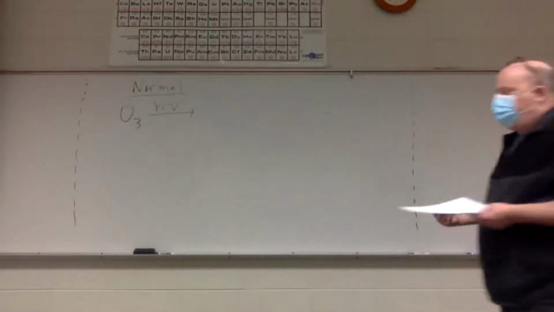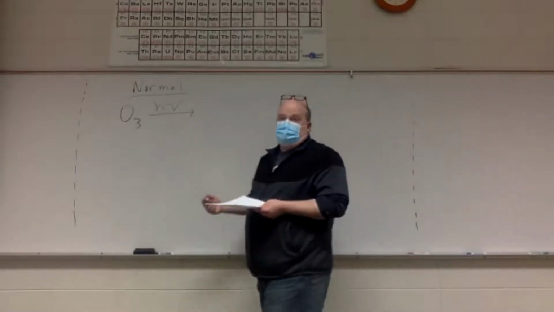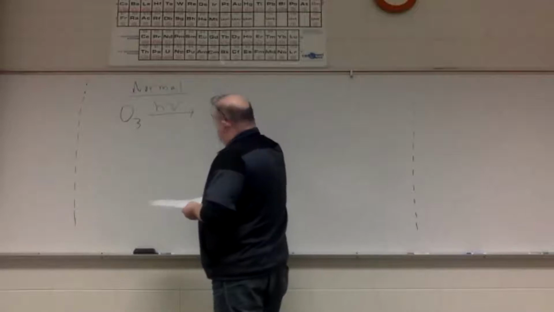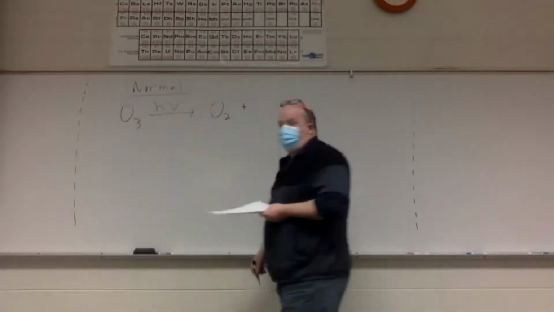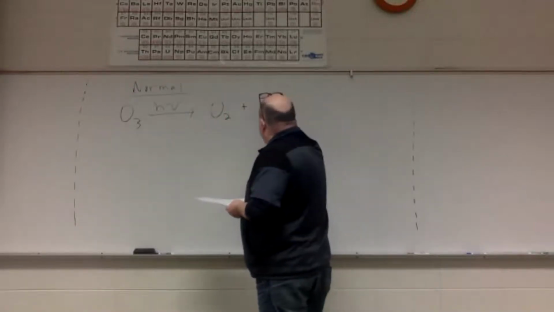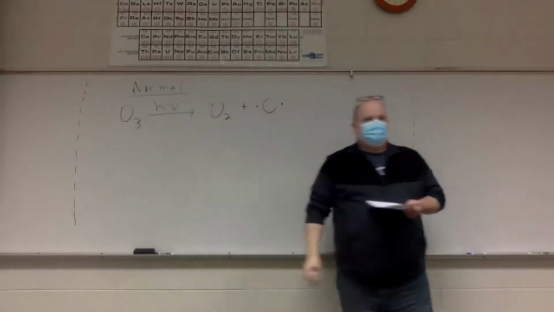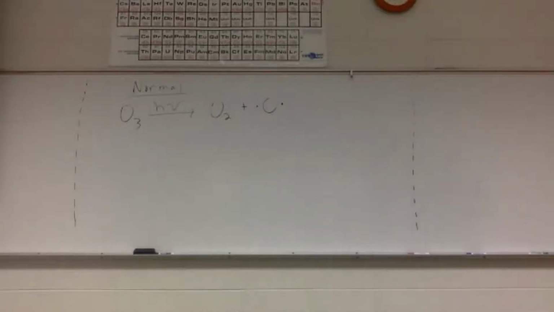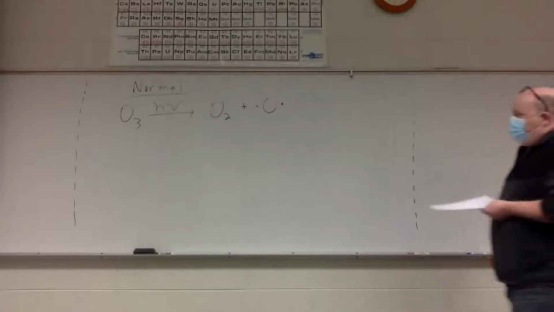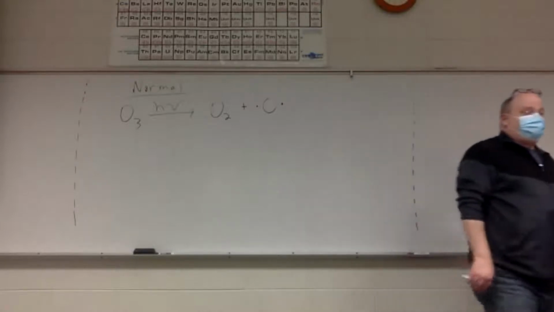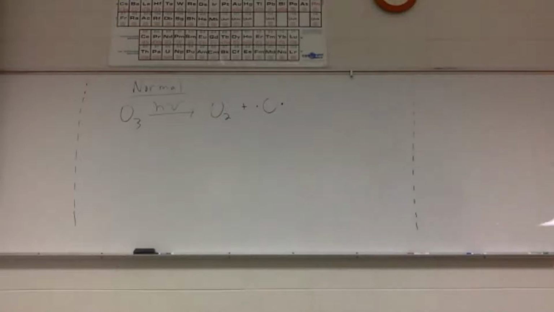Now, when it absorbs ultraviolet radiation, it actually decomposes. It breaks down. Forms O2, which is molecular oxygen, and also a radical form of oxygen, specifically a diradical, since it's got two individual radicals. Right, so you may think, okay, that's bad. We need the ozone.